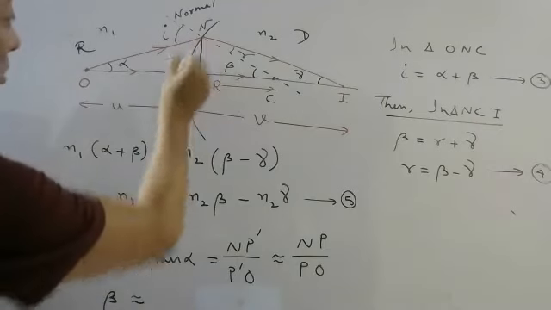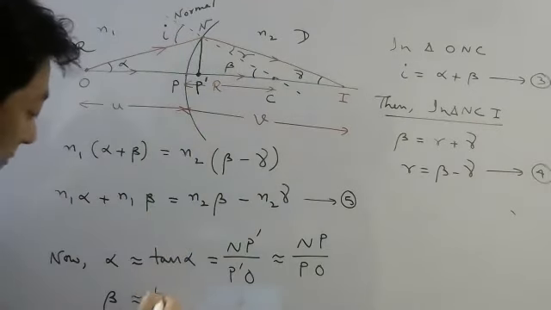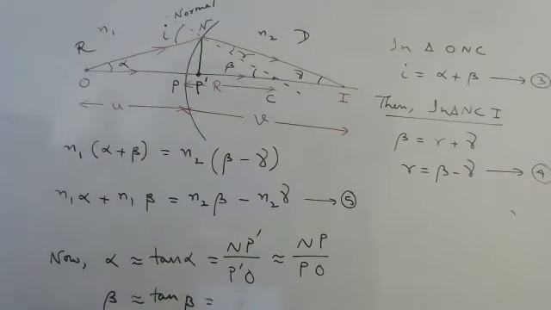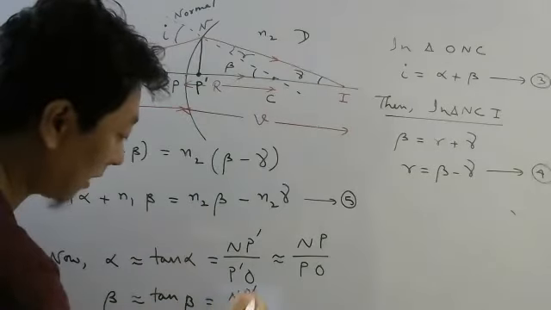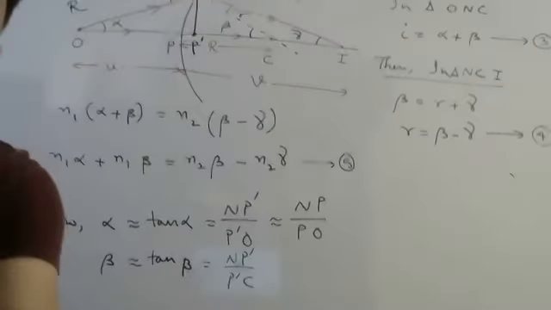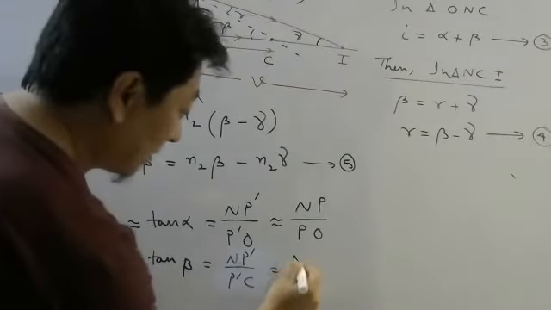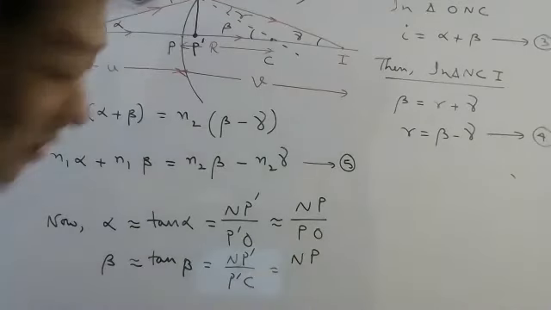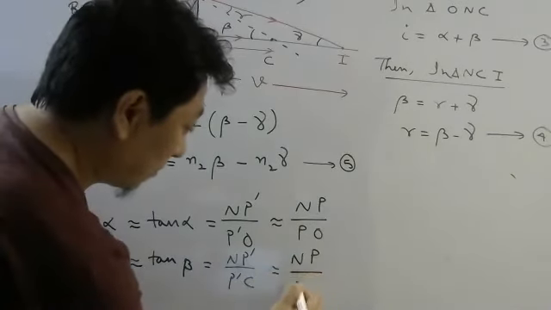So once you have found it for alpha, the same thing you can do for beta now. So beta will be approximately tan beta, this is beta here. In this triangle you see, tan beta you can write as NP dash by P dash C. And P dash is approximately the same as P, so NP by PC.